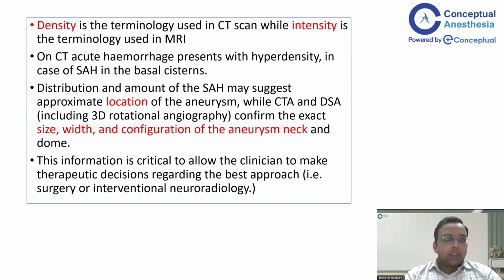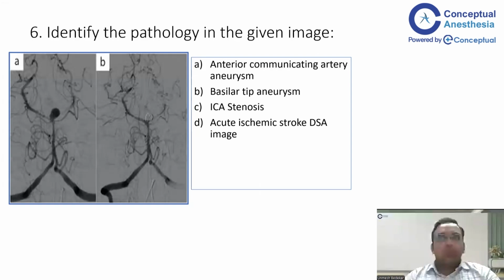Now, this information is critical to allow the clinician to make therapeutic decisions regarding the best approach, that is surgery or interventional neuroradiology. So now you can see in this image what pathology this DSA image is suggesting. It is basically showing this abnormal bulging of vessels, which is a basilar tip aneurysm.